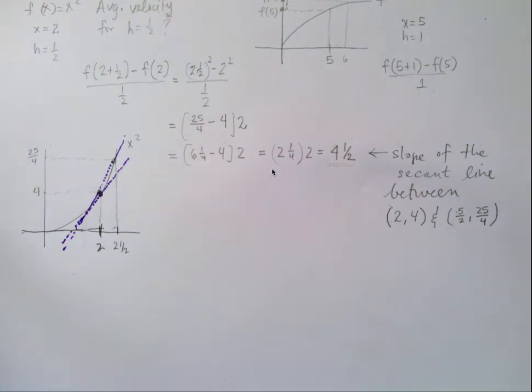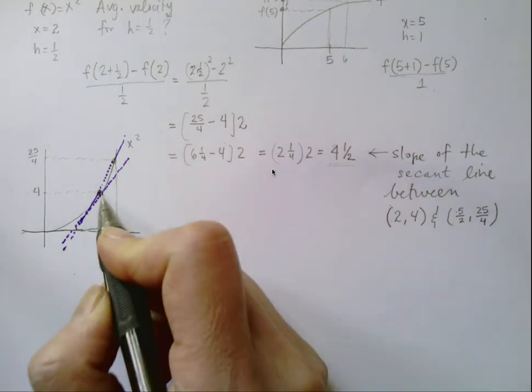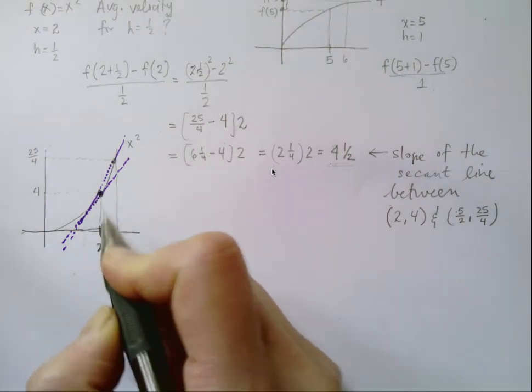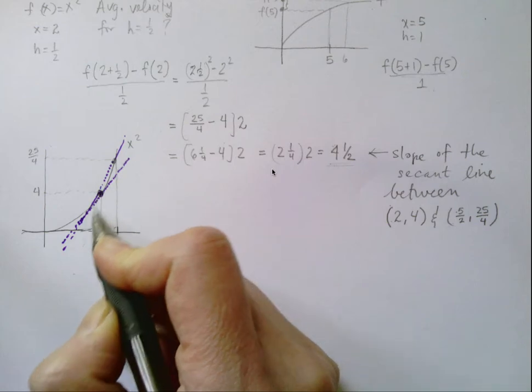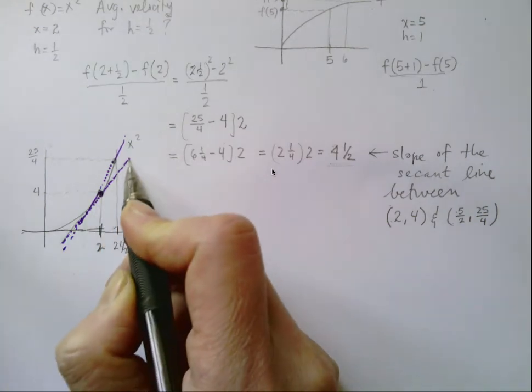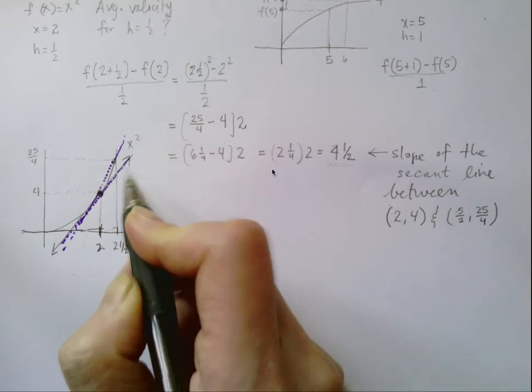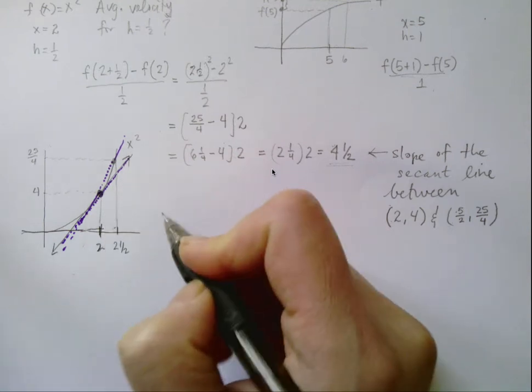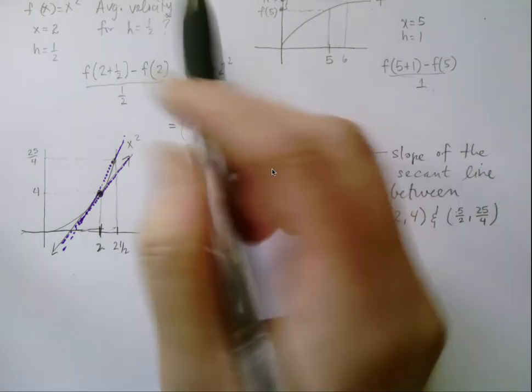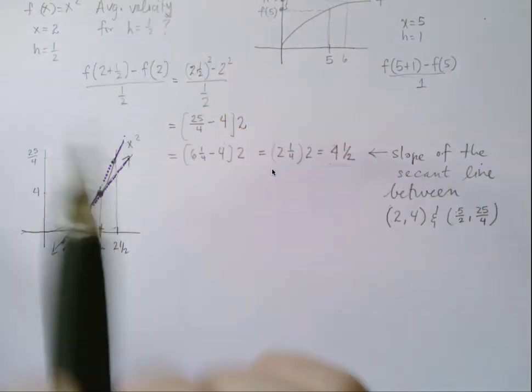But you don't know how much smaller yet. You have to use the derivative to compute the slope of what is called the tangent line, which is this line right here. Okay, so the slope of the tangent line is when you take the limit.